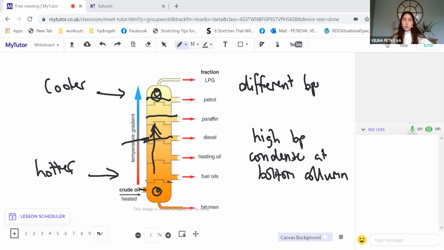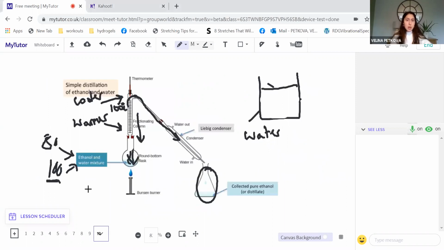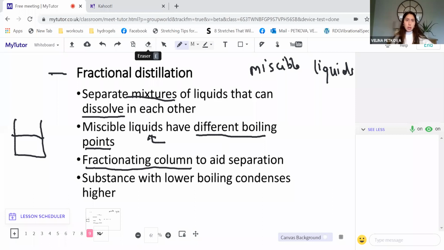Okay, I'll quickly go to the introductory slide of fractional distillation. We won't be covering quantitative chem, not in these lessons. So here was the introductory thing.